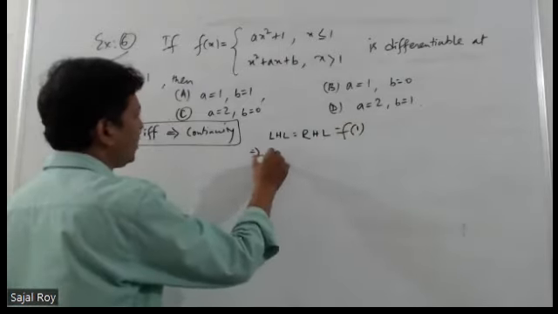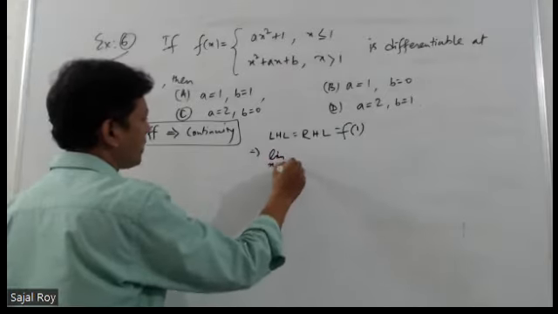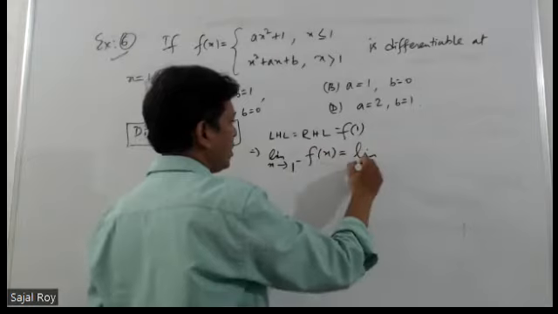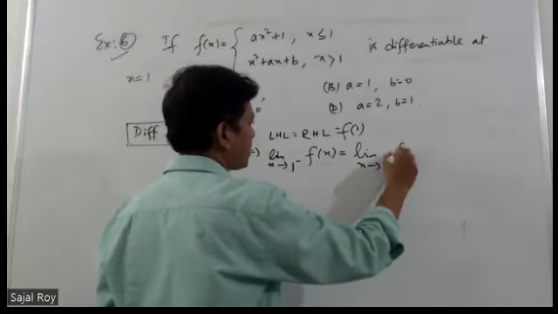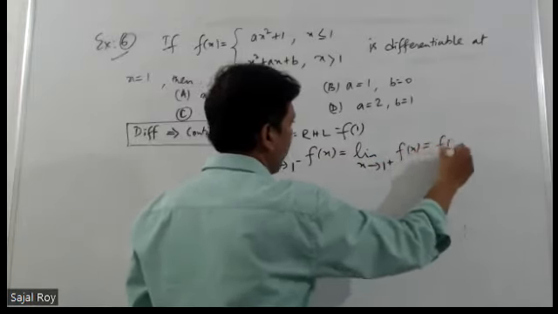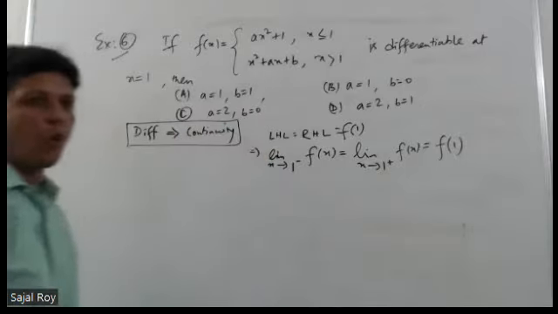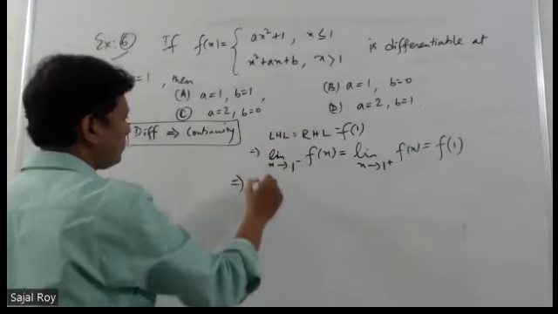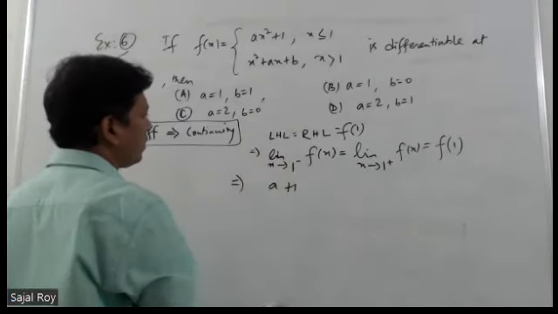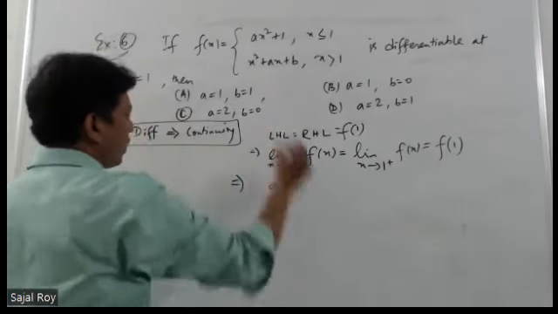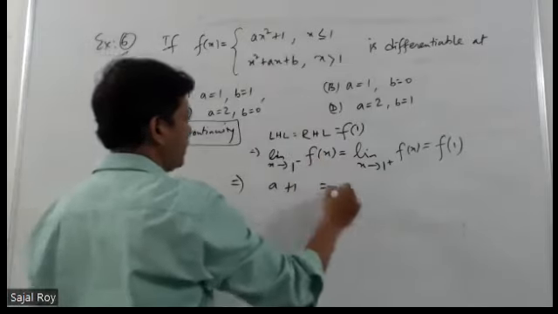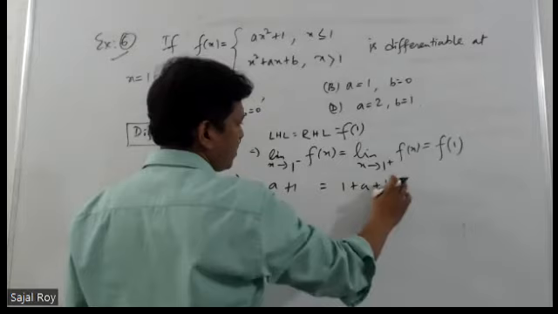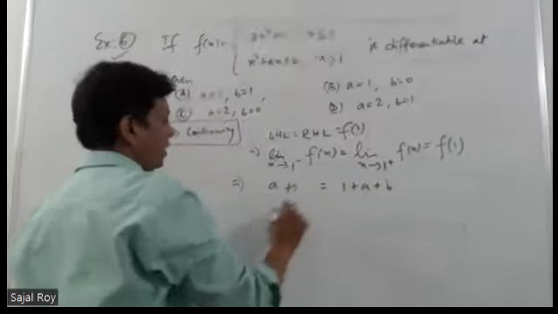So what is your left hand limit? Limit x tends to 1 minus f(x) equals limit x tends to 1 plus f(x) equals f(1), the functional value at x equal to 1. So you have a plus 1 equal to the right hand limit, 1 plus a plus b. f(1) is the same as this one, so I'm not writing it.